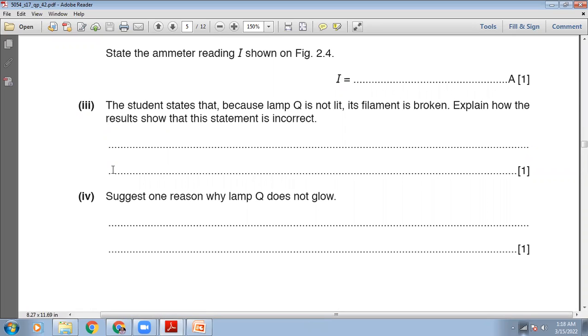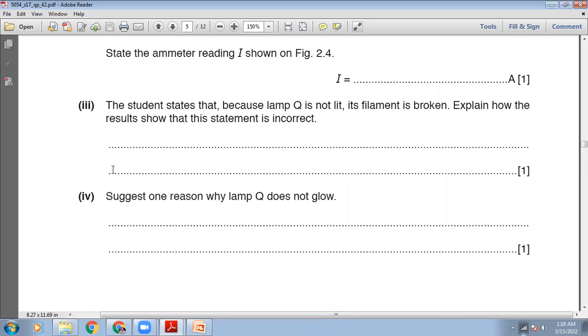The student states that because lamp Q is not lit, its filament is broken. Explain how results show that this statement is incorrect. The filament of the lamp Q is not broken because you see in the circuit, the current is flowing, and P and Q are connected in series with each other.